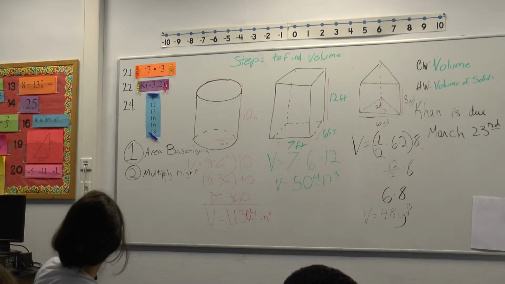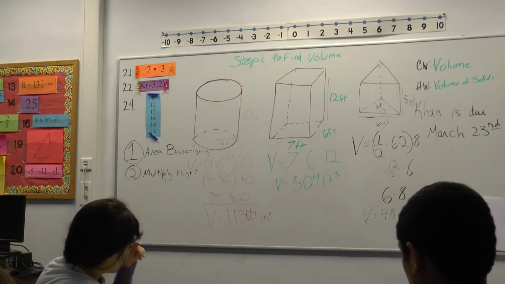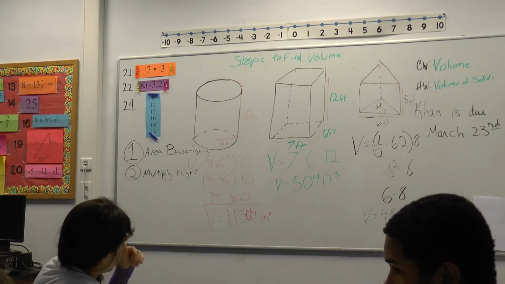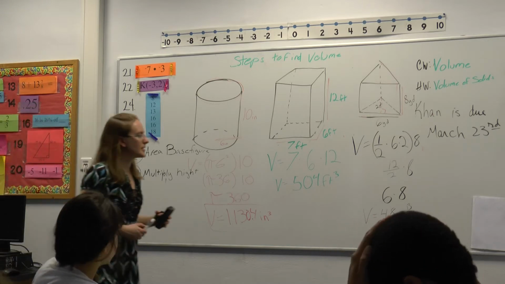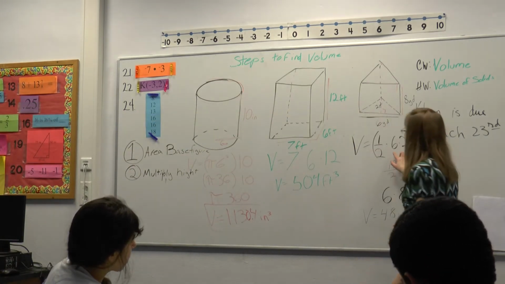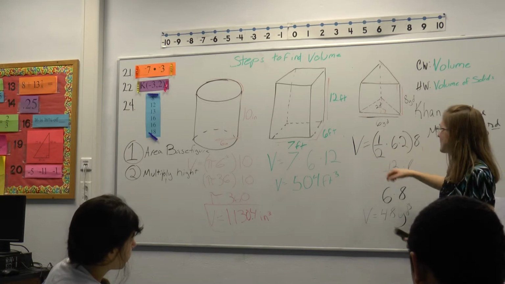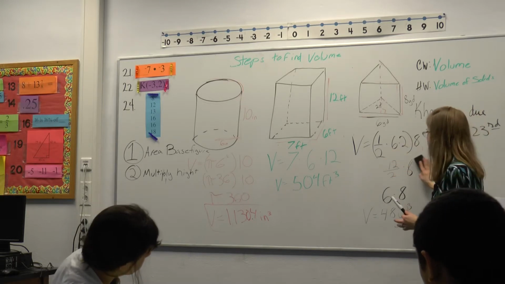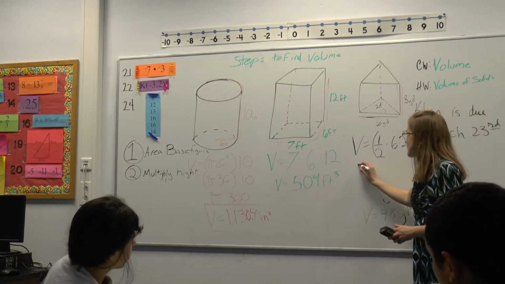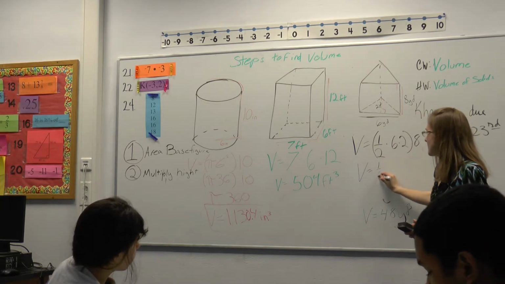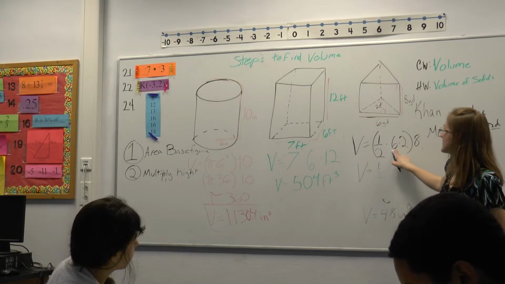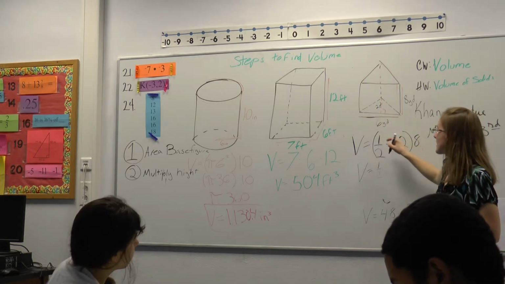For the triangular prism, I know you said capital B, but it says half times base times height. So wouldn't you, since it's all multiplication, what it means by the half times the base times the height here is half. And the base of this figure is a triangle, which is this base times height.